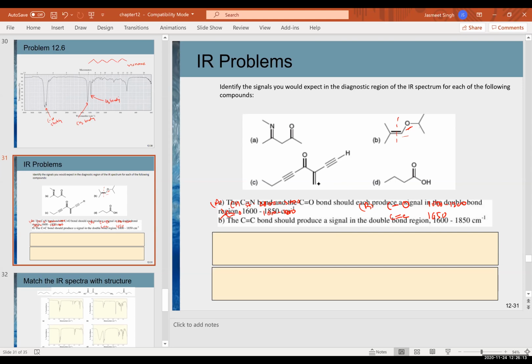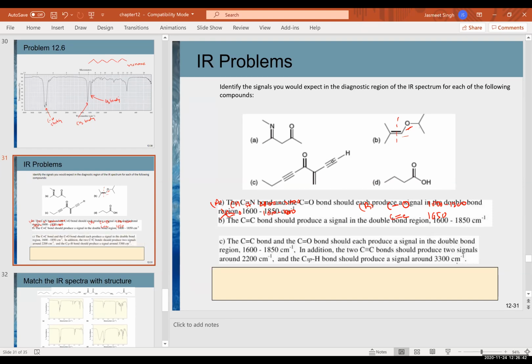How about the triple bonds? Will they show up? Yeah. Again, this is terminal, and then of course this one is also asymmetrical because it's right on the side. So triple bonds will also show up, and C double bond O, that will also show up.